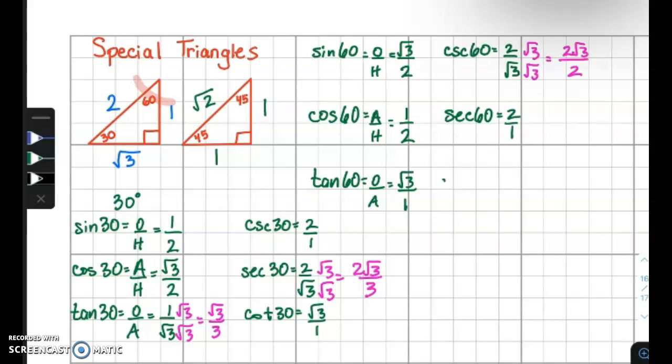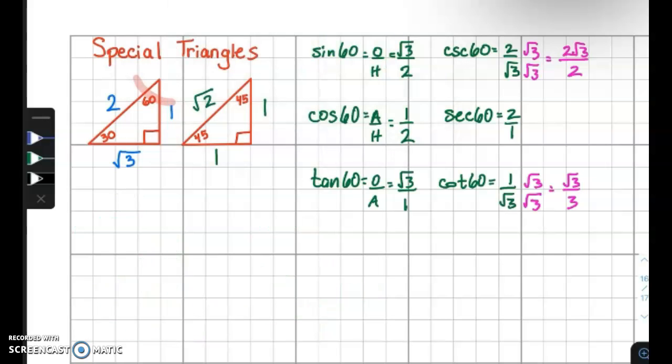And then find the cotangent of 60, which is going to be tangent upside down, reciprocal of tangent. Move your radical. So you get radical 3 over 3. And so those are the 6 trig functions for 60.